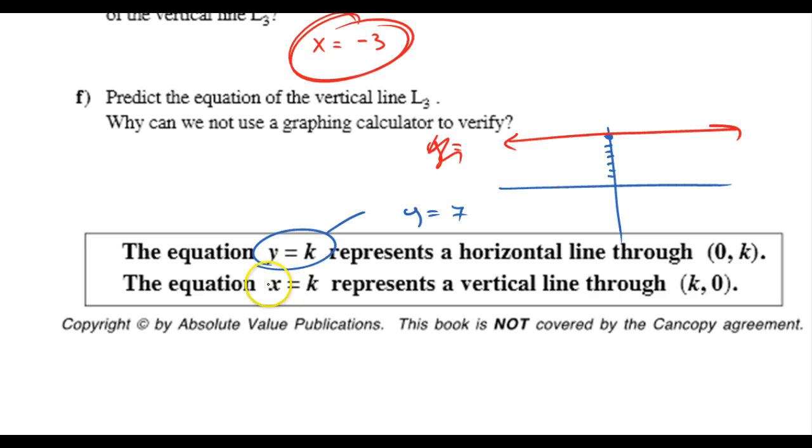On the other hand, when it's x equals k, we're going to get a vertical line through k. So if it's x equals -7, let me not use 7, let me use 8, okay? It's going to be 1, 2, 3, 4, 5, 6, 7, 8. That's -8. It's going to be a vertical line through -8.